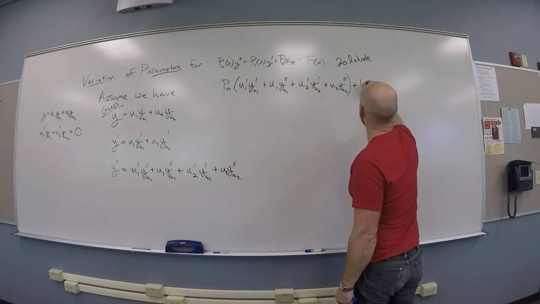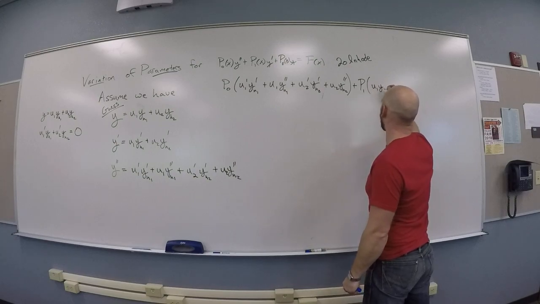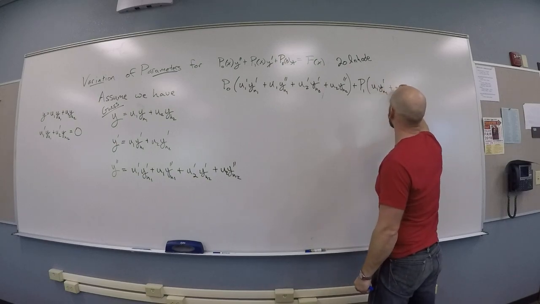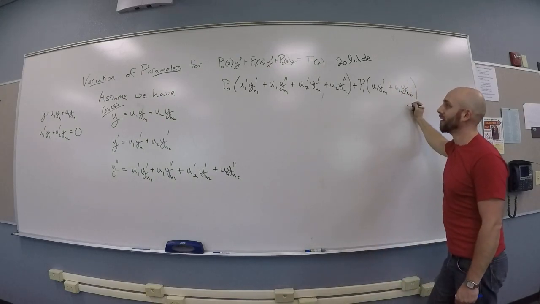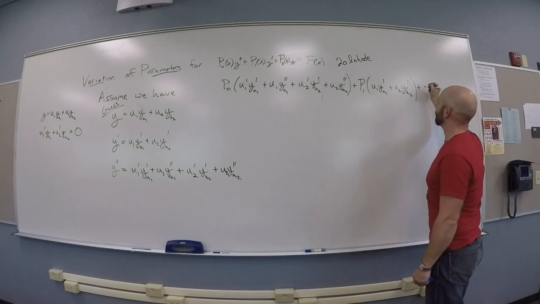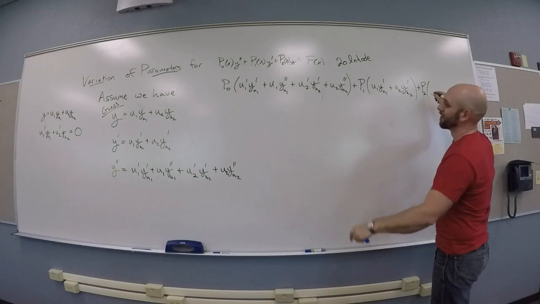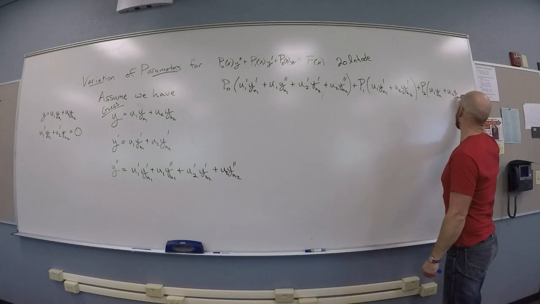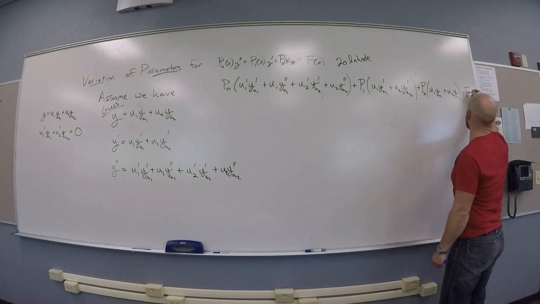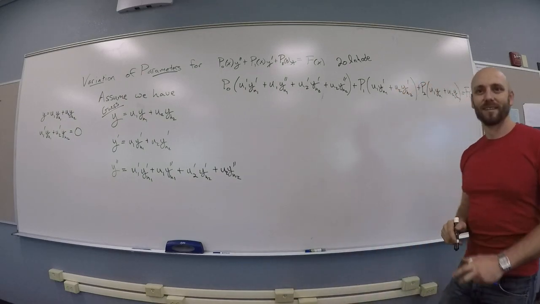Plus P1, and then there I've got a u1 yh1 prime plus a u2 yh2 prime. Plus P2, and then P2 is times y. So I got a u1 yh1 plus u2 yh2. And this is all supposed to be f of x. Dude, check that out. Exactly the right amount of space.